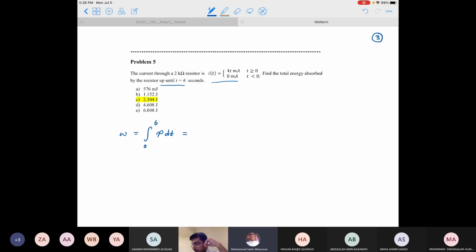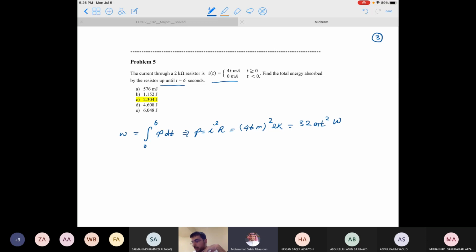We are given the current. We are given the resistance. So power is I squared multiplied by R. So I is for t milli, multiplied by 2k, and this gives me 32 milli t squared watts.